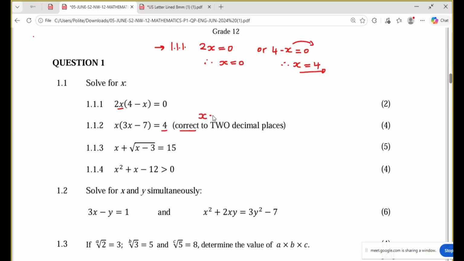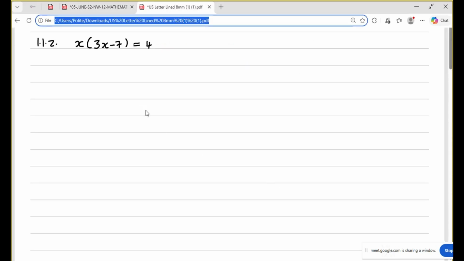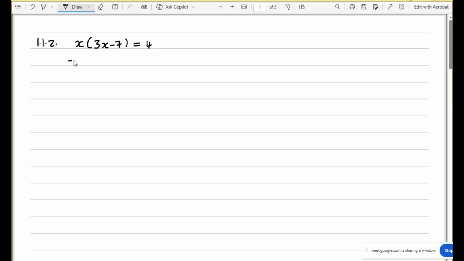They want you to use x equals minus b plus or minus the root of b squared minus 4ac, and you divide everything by 2a. So that is what we're going to use. Let's first arrange this equation, because I'll be very happy if we can put it in the correct form. First, I'm just going to multiply out the bracket.